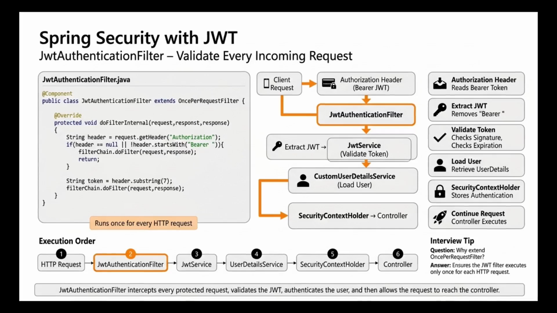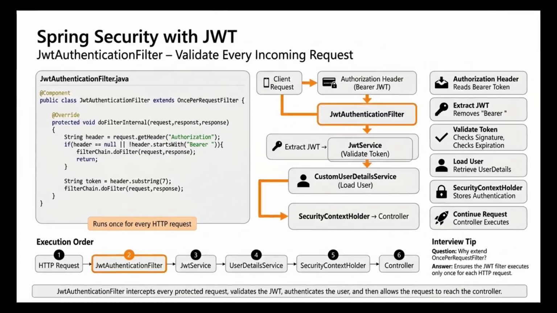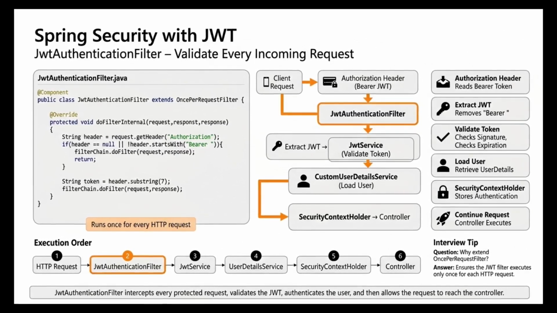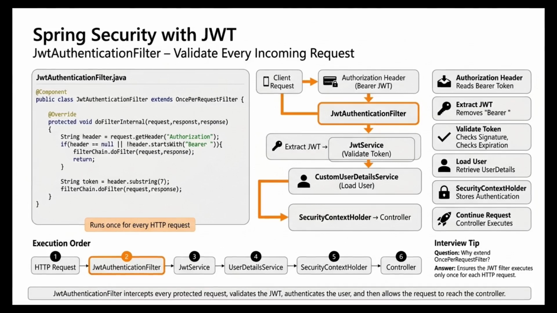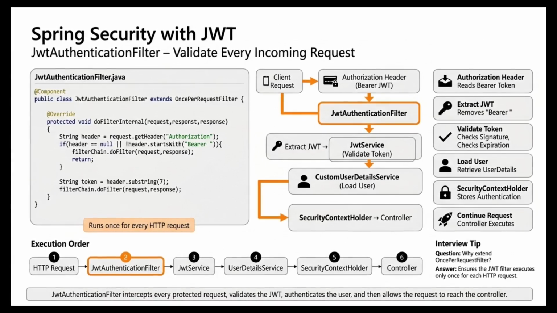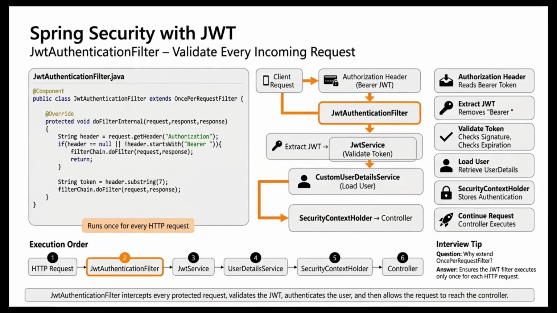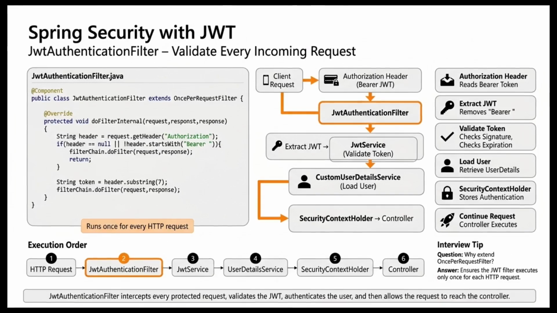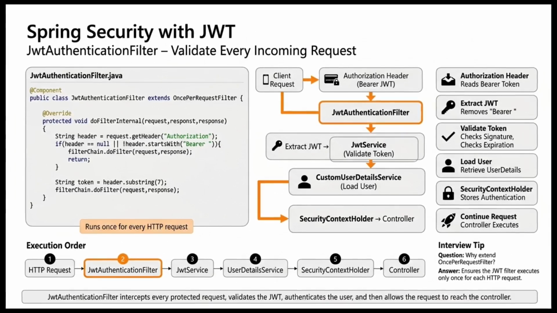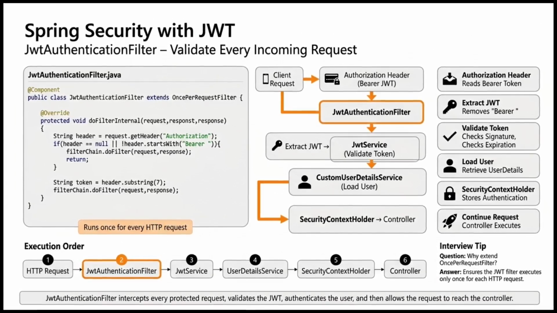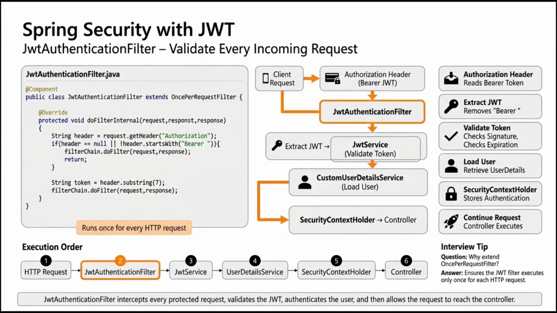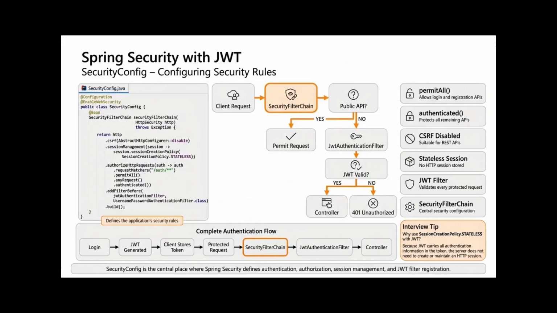It then loads the user's details from the database using CustomUserDetailsService. If the token is valid, the filter creates an authentication object and stores it in the security context holder. From this point onward, Spring Security considers the user authenticated, allowing the request to continue to the controller.